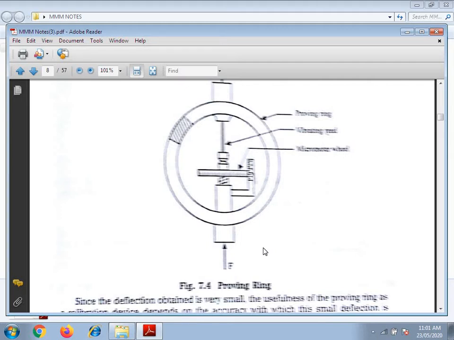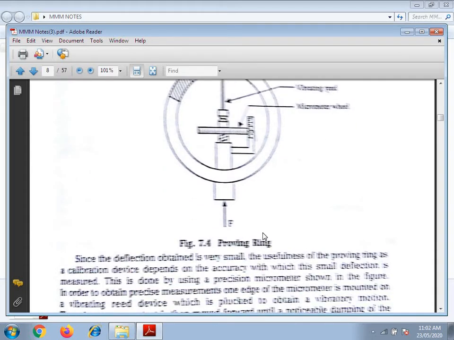This is done by using a precision micrometer, and in order to obtain precise measurement, one edge of the micrometer is mounted on the vibrating reed, which is plucked to obtain a vibratory motion. The micrometer contact is moved forward until a noticeable damping of the vibration is observed.